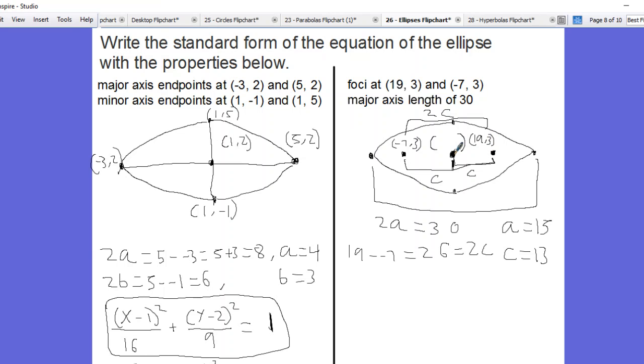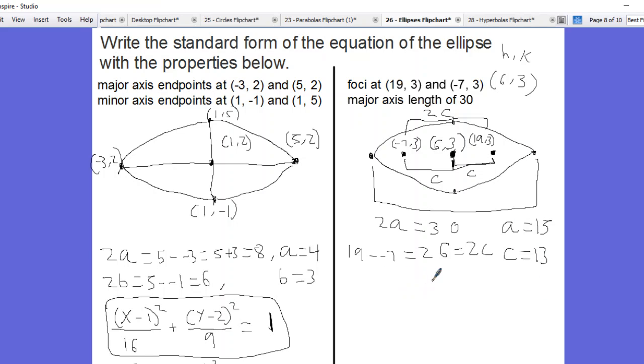The center is 13 away from it, so it's 19 minus 13, which is 6, and the y coordinate is still 3. So we have a center at (6, 3). Also, 6 is the halfway point between 19 and negative 7; if you have two foci, the center is the halfway point between them.